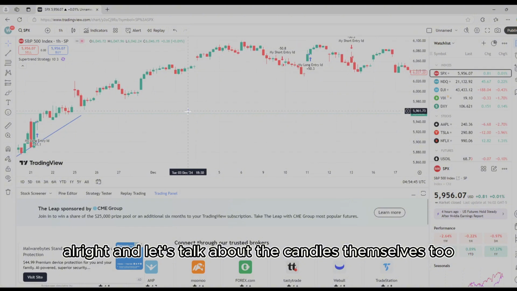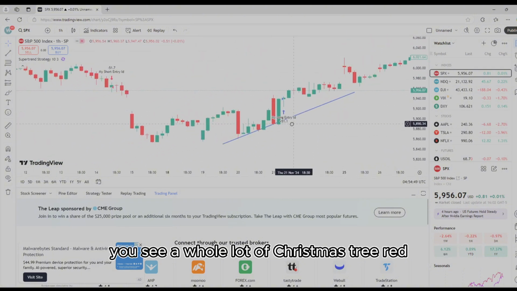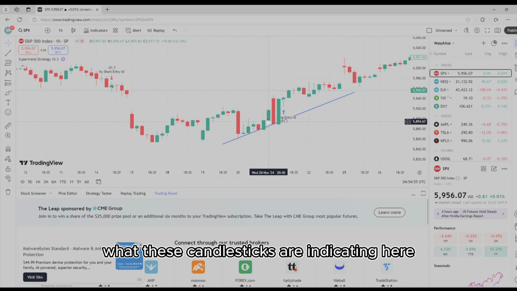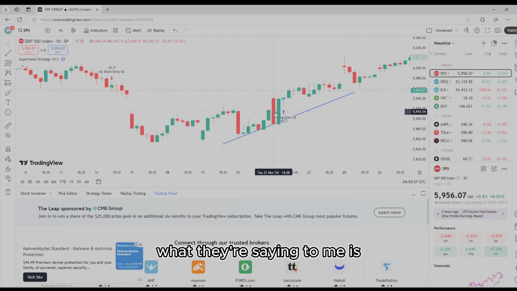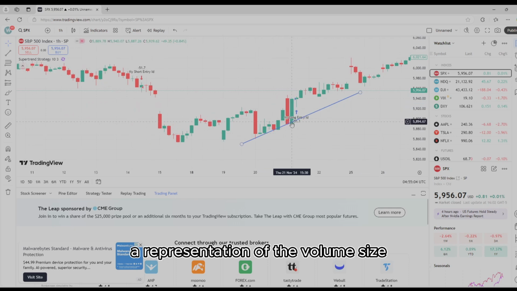All right, and let's talk about the candles themselves too. What you guys are looking at here, you see a whole lot of Christmas tree, red, green, all that. Basically, the length of the candlesticks is usually universally meant to be a representation of the volume size.